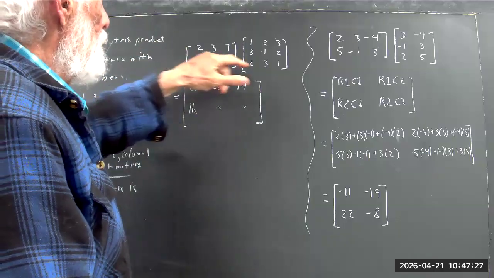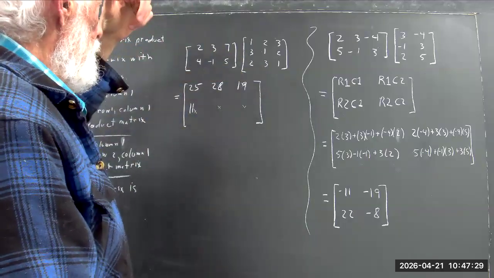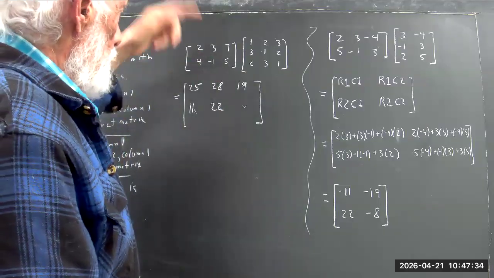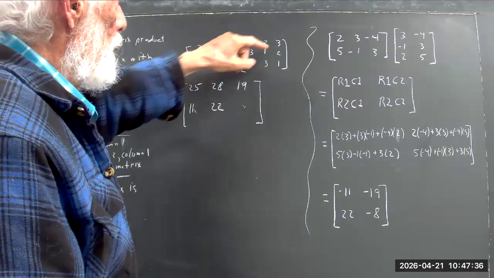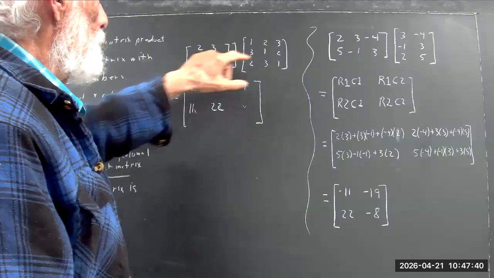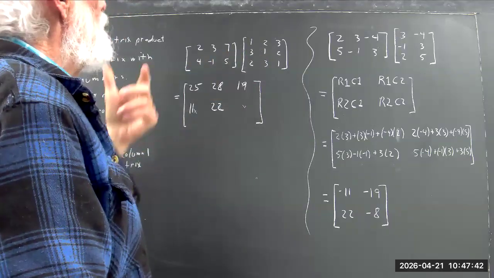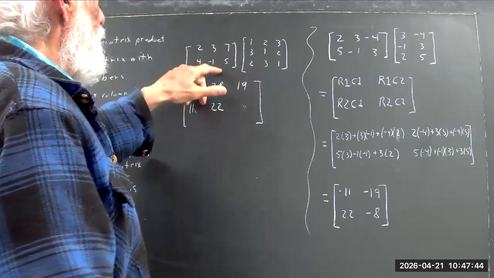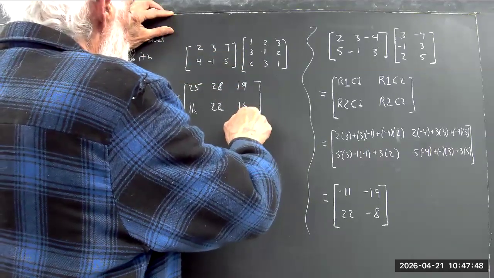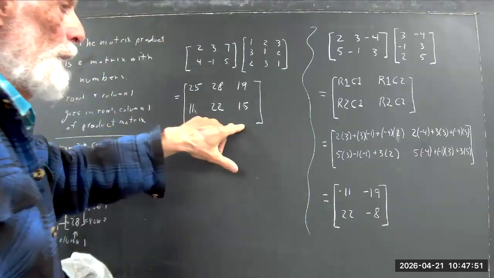That leaves us 7. 5 times 3 is 15. 15 and 7 is 22. Okay? Then 4, negative 1, 5 times the third column, 3, 2, 1. 4 times 3 is 12. Negative 1 times 2 is negative 2. 12 minus 2 is 10. And then 5 times 1 is 5, which added to 10 is 15.